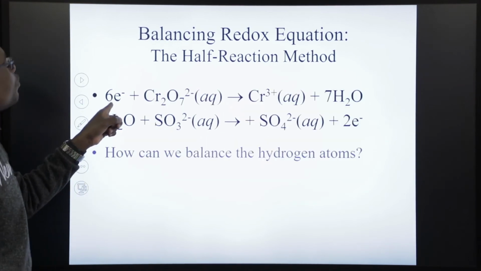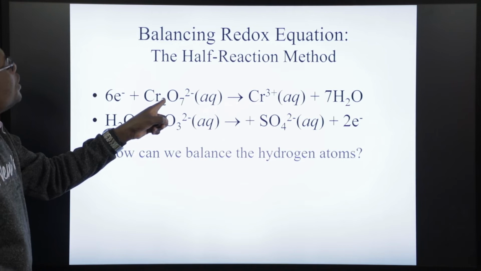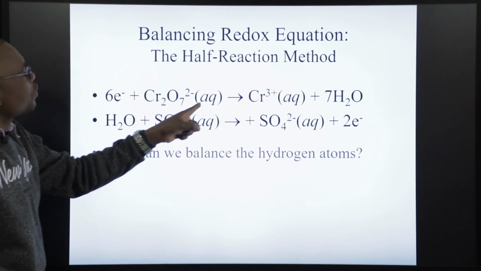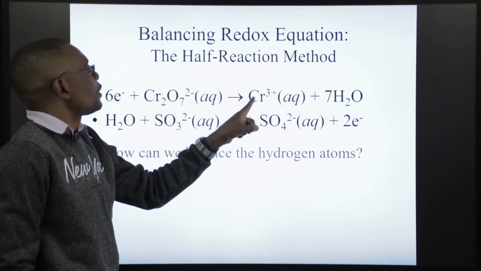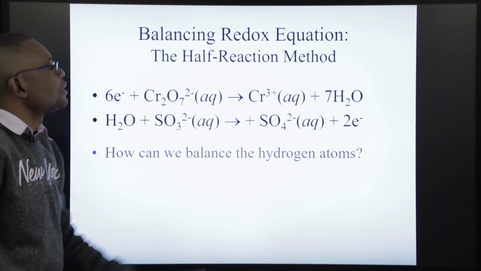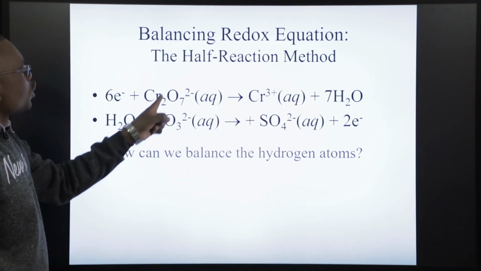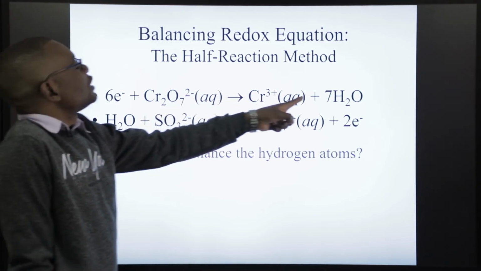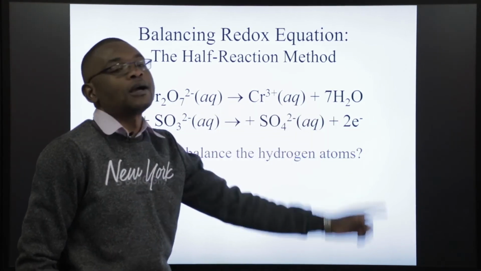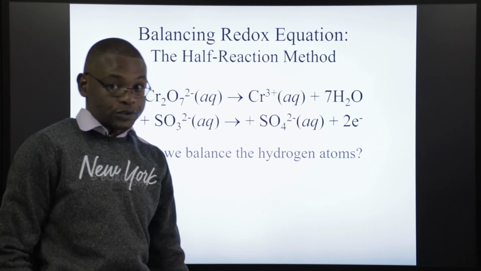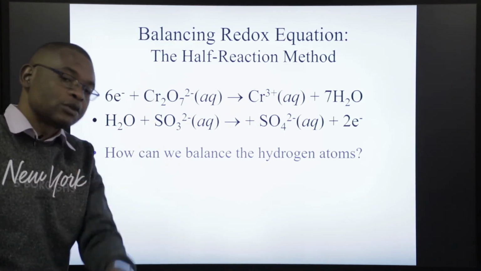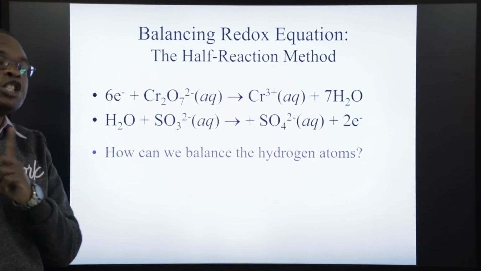So here we are bringing 6 electrons to the dichromate ion so that we create 2 chromium 3 plus and 7 water molecules. For these 7 water molecules, we need 14 hydrogen ions, which are coming as H plus.